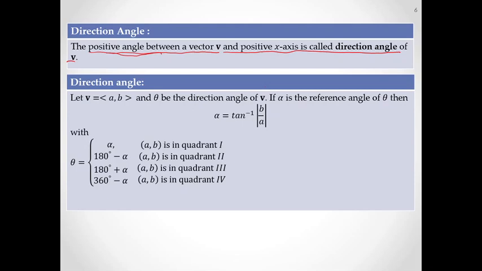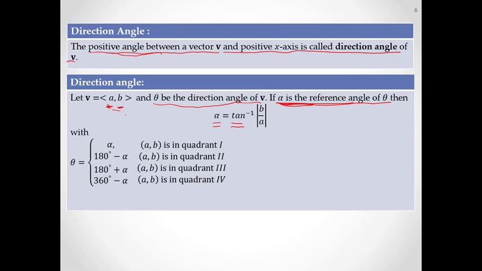Now, how can we find the direction angle? Assume we give you the coordinates of the vector, the horizontal and vertical components, and we want to find theta, the direction angle of v. First we start with the reference angle of theta. You find it by taking the tangent inverse of the absolute value of B over A, and say this is alpha. Then theta is alpha if (A, B) is in the 1st quadrant.